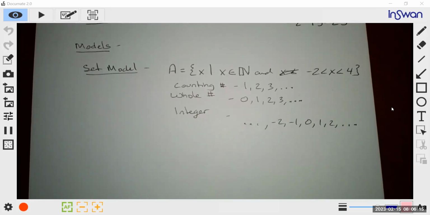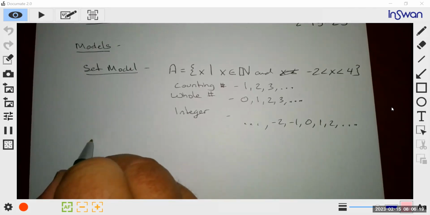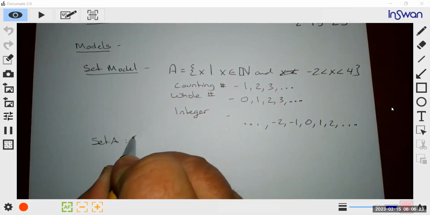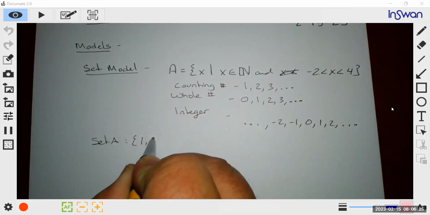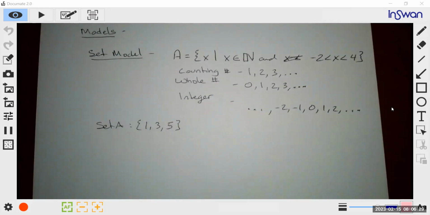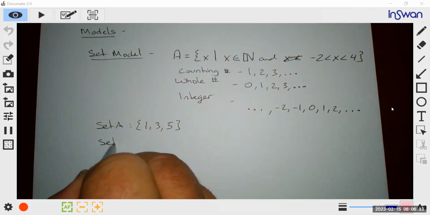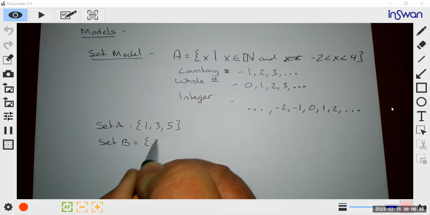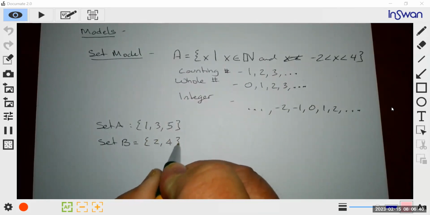So when we deal with set model, let's say that set A contains the numbers 1, 3, 5. Set B equals the set 2 and 4.